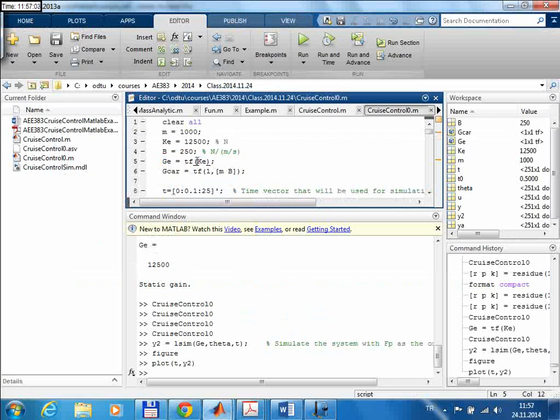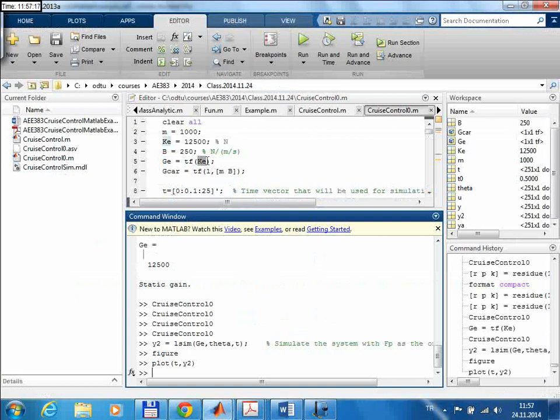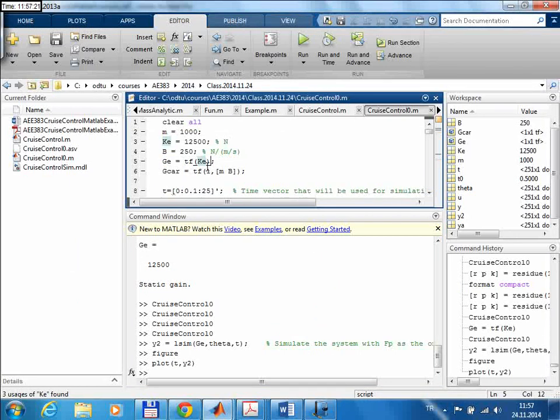Normally here, if you remember, I write the coefficients of the numerator polynomial and the denominator polynomial. The numerator polynomial has just a constant number, which is KE, and there's no denominator, or the denominator is also a constant number. So this is how I define the GE transfer function.